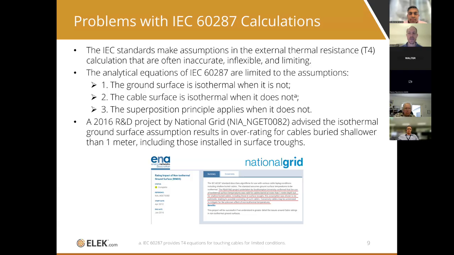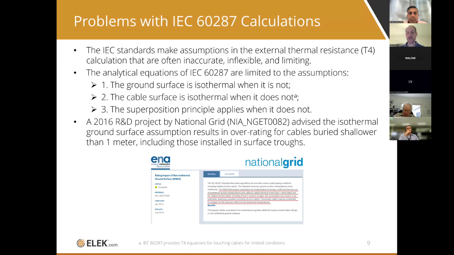And it's particularly the external thermal resistance calculation, the T4 calculation, which is really the most complicated calculation. It's modeling an equivalent thermal resistance of the external environment to the cable. So that's where FEM really shines.